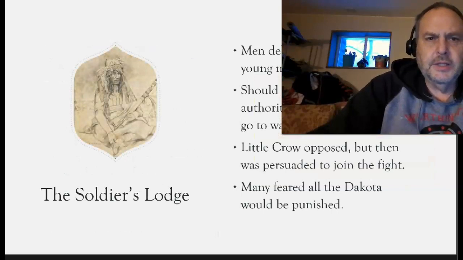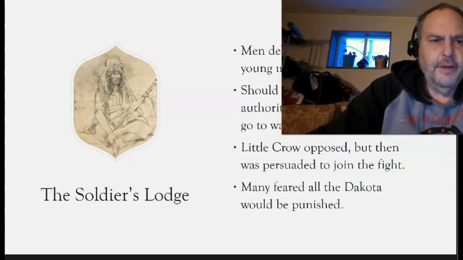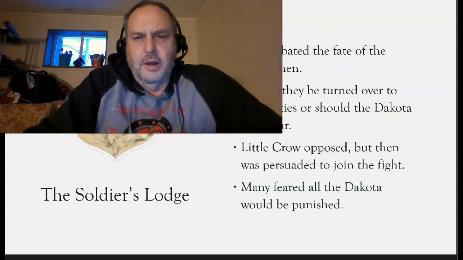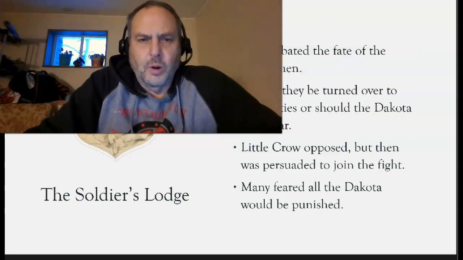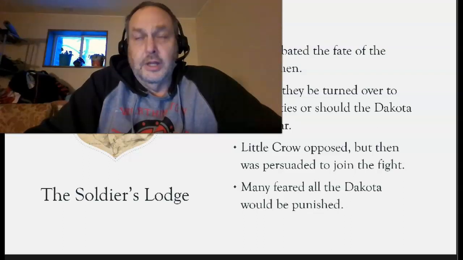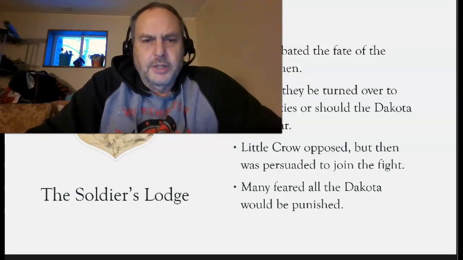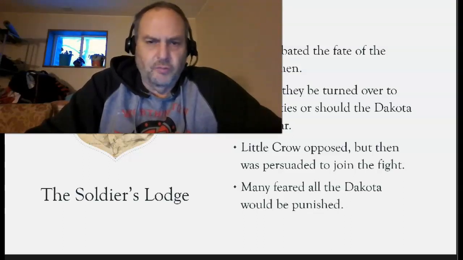All right, on this next slide, we have soldiers' lodges. Soldiers' lodges were another cause of the U.S.-Dakota War, and the soldiers' lodges were just young men that had gathered together and banded together and formed these organizations to practice the arts of war.